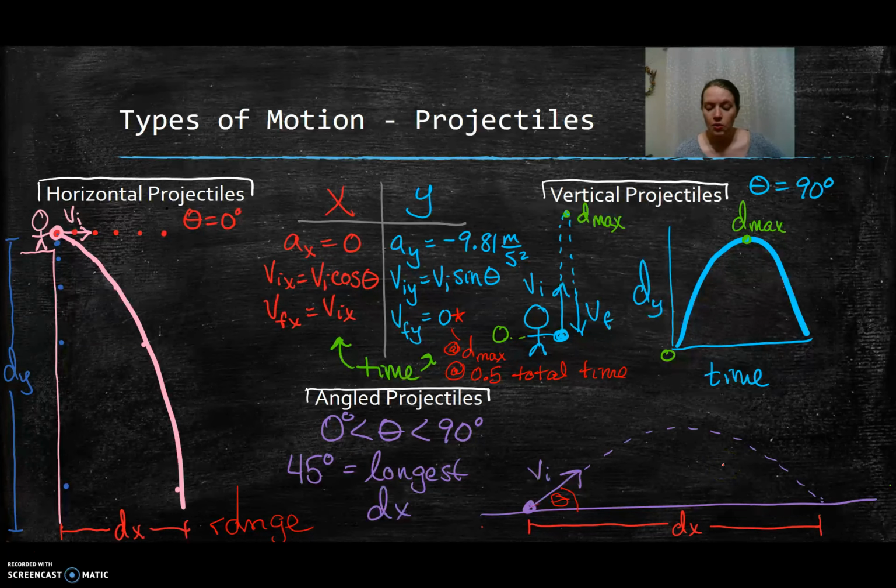So if you're going to set up a projectile problem and trying to solve something like that, you would make this XY chart. These things are always true. The acceleration in the x direction is always 0. The initial velocity in the x direction is always equal to Vi cos theta, and Vfx is always equal to Vix. If you need to solve for some things, however, time is probably really necessary.